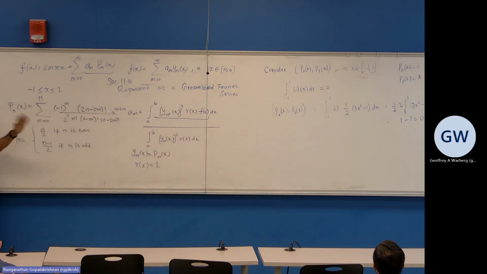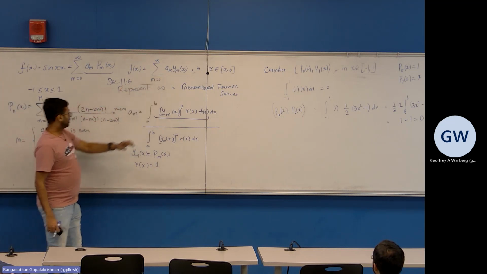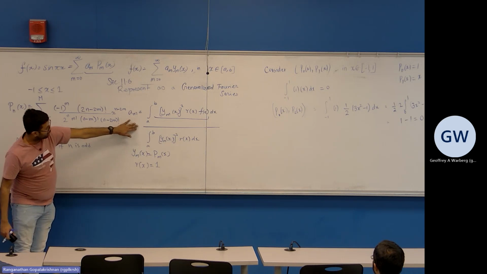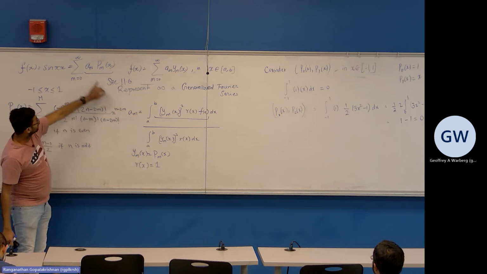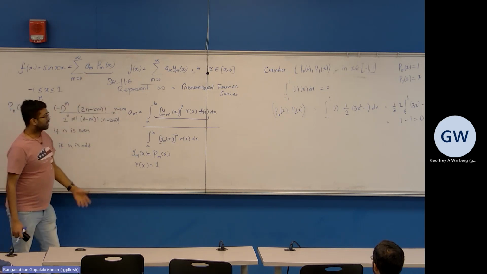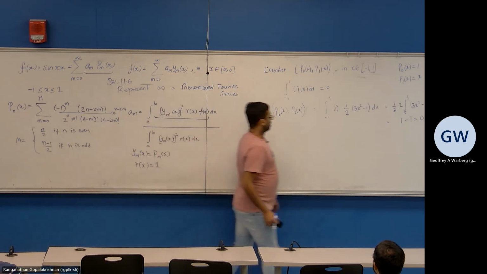All right, assuming that we have established fully that this Legendre polynomial is in fact orthogonal, we need to apply this formula to calculate A_m in general and try to simplify that as much as possible.